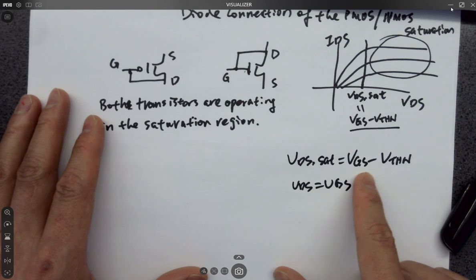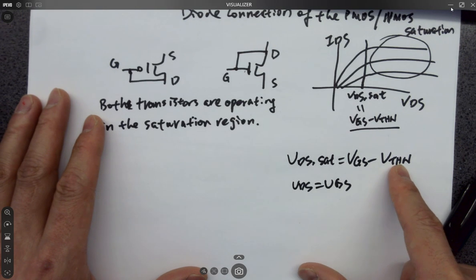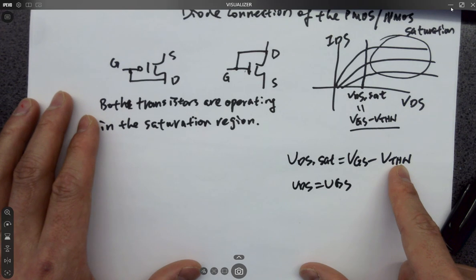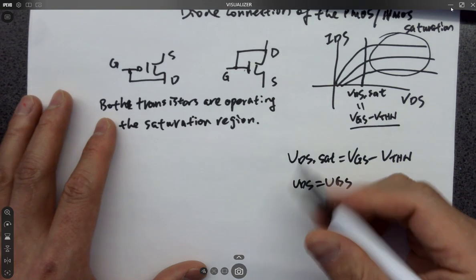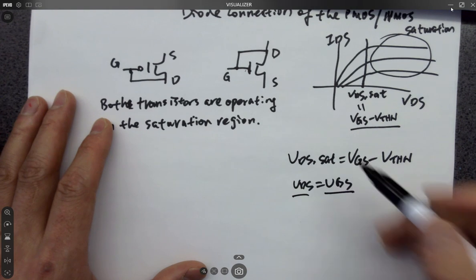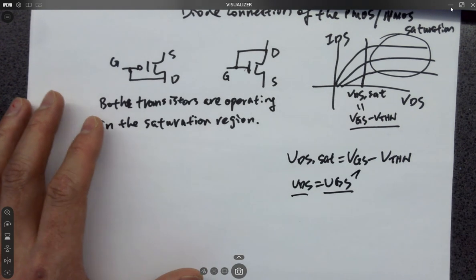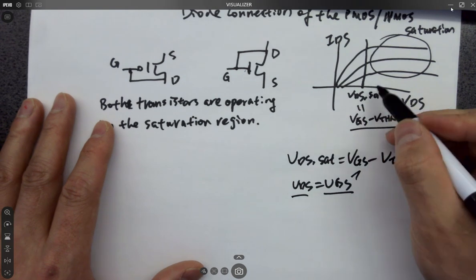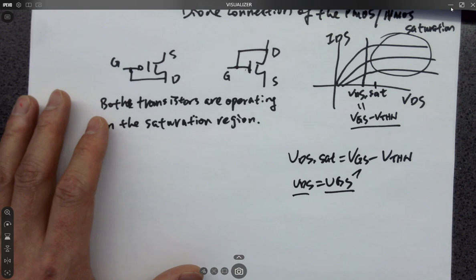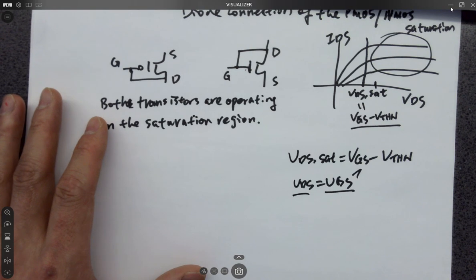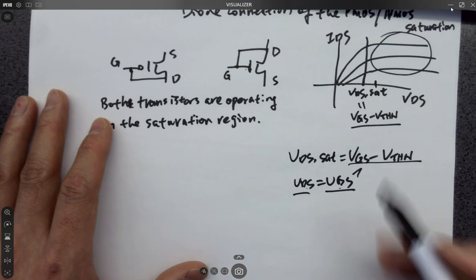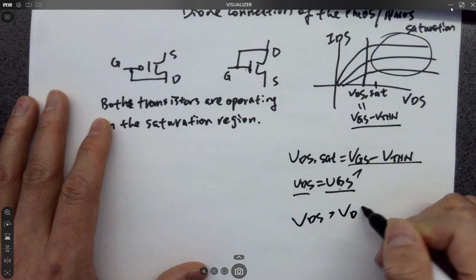So it definitely is larger than something minus another positive value. Because VDS equals VGS, VDS must be larger than VGS minus VTHN. So VDS is somewhere here. Make sense? This equals this, larger than this, which means VDS is larger than VDS set.